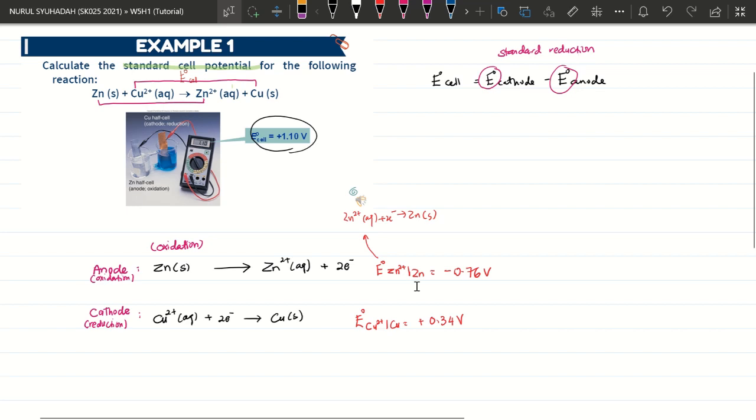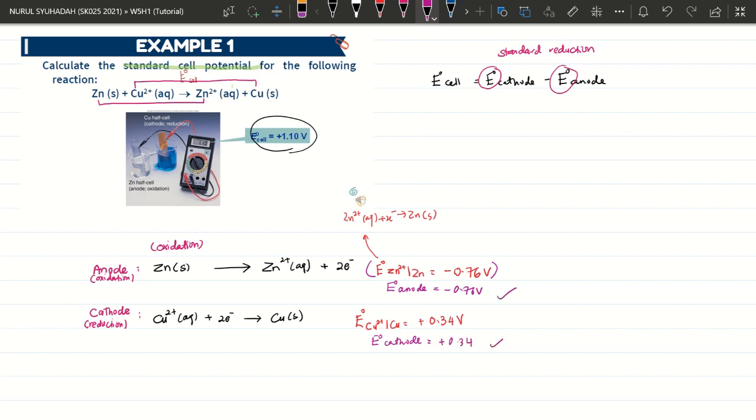Let me label this. Since this is our anode, it is our E0 anode, and the value of E0 anode is negative 0.76 volt. The value of our E0 cathode is positive 0.34.